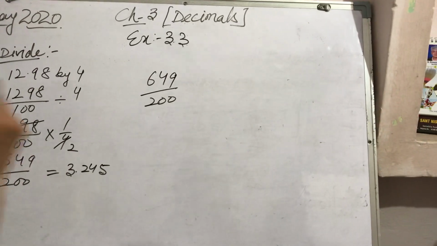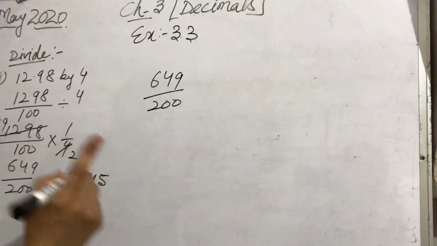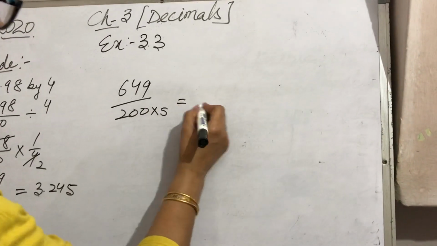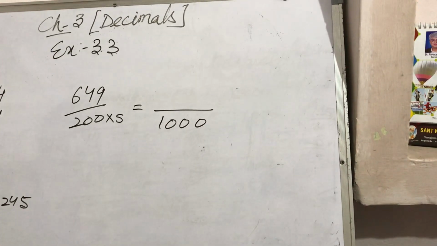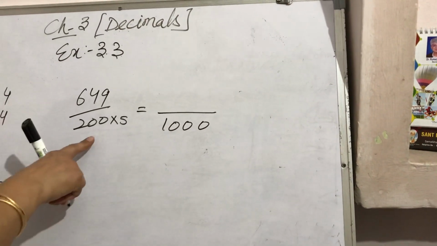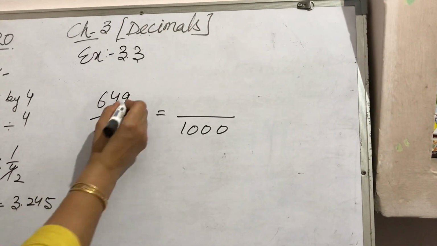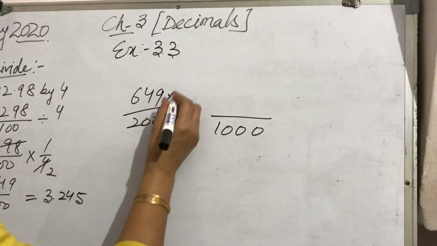If we make 1000, to make it 1000 as denominator, we have to multiply by 5. Now 200 5s are 1000, but if we are multiplying the denominator with 5, the numerator also will be multiplied by 5.